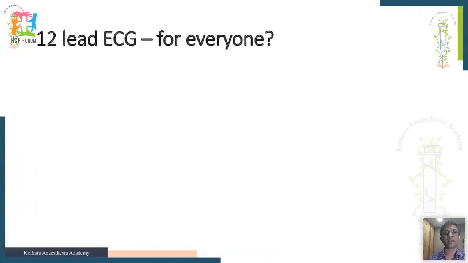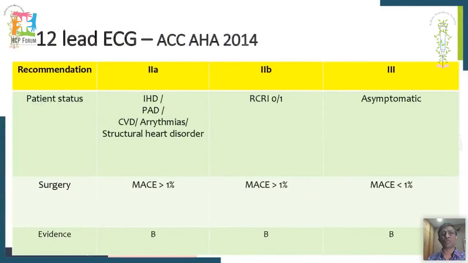There comes a question, which I think the ACC-AHA brought up: should the 12-lead ECG be done for everyone? The 2014 guideline tells you that yes, anybody with cardiovascular disease undergoing a surgery with a risk of MACE of greater than 1% should have a baseline ECG. It's only in the asymptomatic, or with a MACE of less than 1%, that you can think of not doing a 12-lead ECG pre-op.